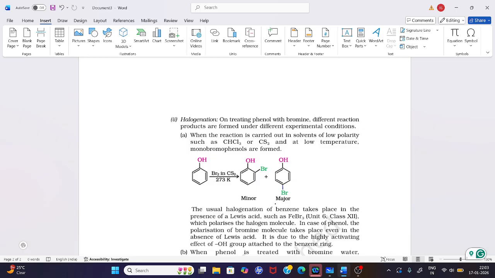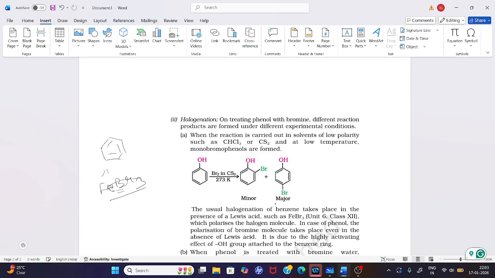If you use normal benzene instead of phenol, you require a strong Lewis acid, normally FeBr3, because acids are proton donors and electron pair acceptors. So this is an electron pair acceptor.